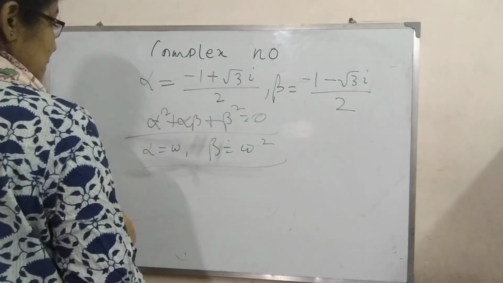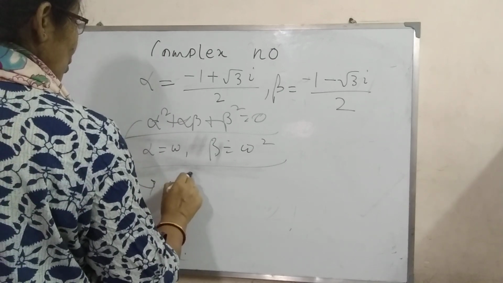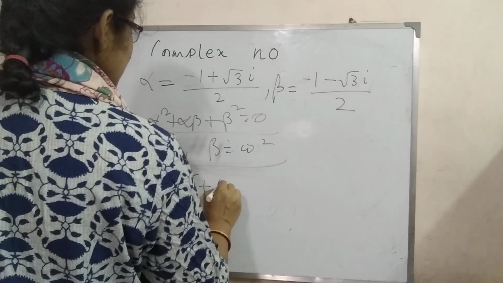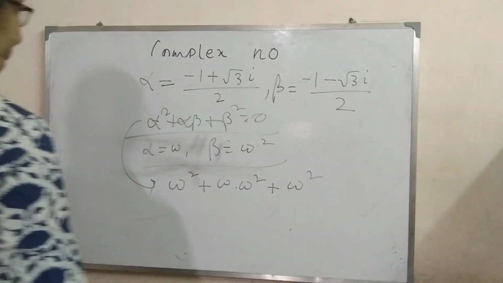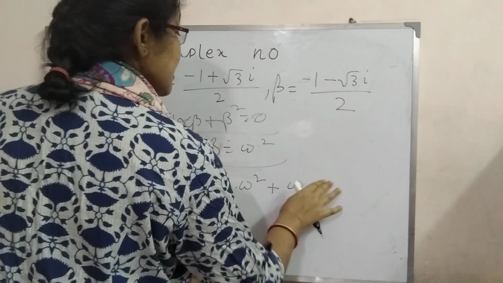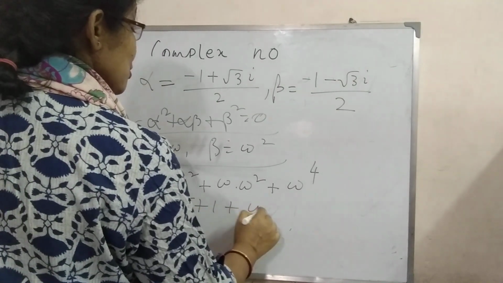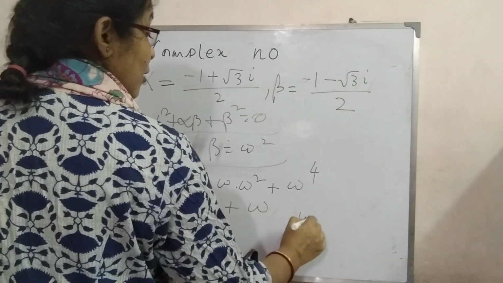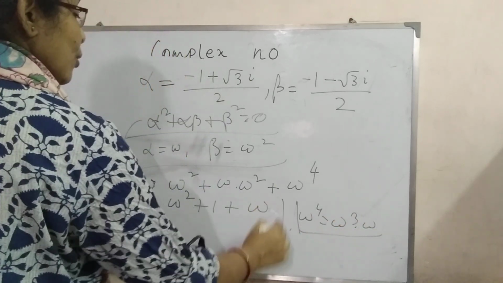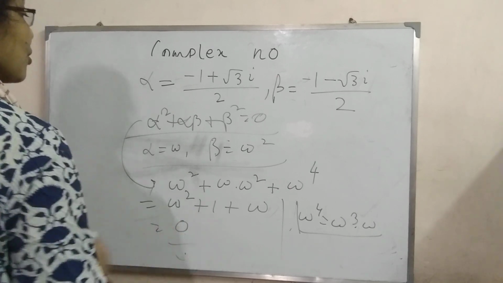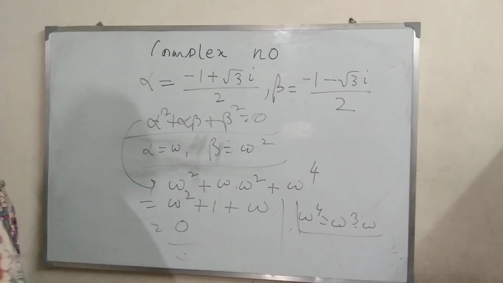That is omega square plus omega into omega square plus omega to the power 4. This is equal to omega square plus 1 plus omega, since omega to the power 4 equal to omega cube into omega, that is omega. This is equal to 0.